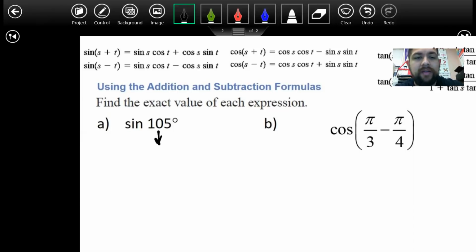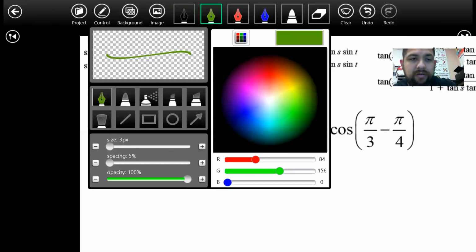For my 105, I'm going to do sine of 45 plus 60. 45 exists on the unit circle and 60 exists on the unit circle. I'm going to use the plus version. Let's change up my colors for these and use my markers.